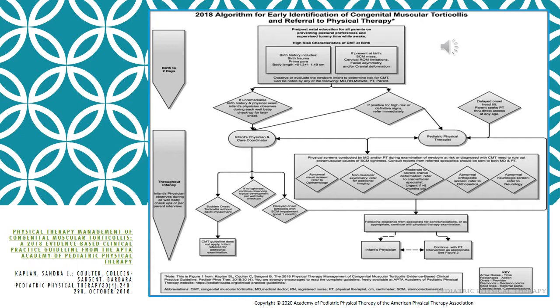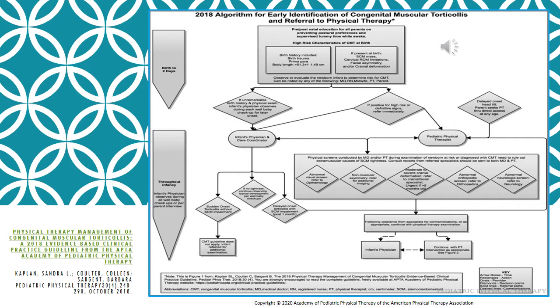If you look over to the left, the flow diagram is broken up into two distinct time periods: birth to 2 days, the newborn period where the child is in the hospital and in close contact with a variety of medical professionals who would be capable of screening the child for torticollis. Then below that is the time period after 2 days and onward, once the child has been discharged home to the care of their parents.